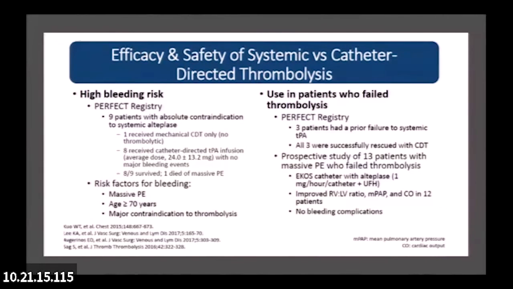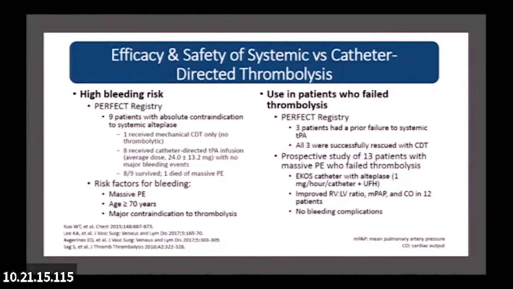There was also another registry study which found that for those high bleeding risk patients who are contraindicated for thrombolysis, when they treated with ECOS, they had a very good response. 9 patients received either ECOS or catheter directed thrombolectomy. 8 out of the 9 survived. 1 died of massive PE.